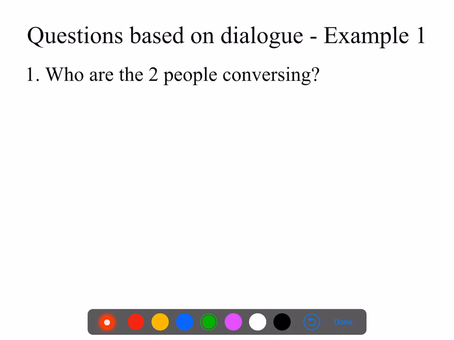Hope you all followed the dialogue. Now let's have a few questions and let's see how well we can answer. Who are the two people conversing? Very easy, because I repeated the names often, probably 4 times each, so you wouldn't miss that.